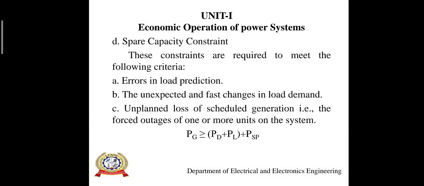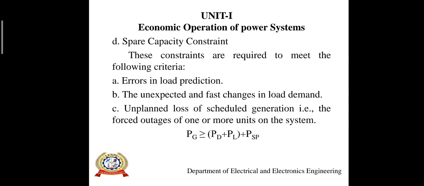Then spare capacity constraint. What is spare capacity constraint? These constraints are required to meet the following criteria. First one is errors in load prediction. That is, we have to predict the errors that may occur in future, and how we can reduce or minimize that error.